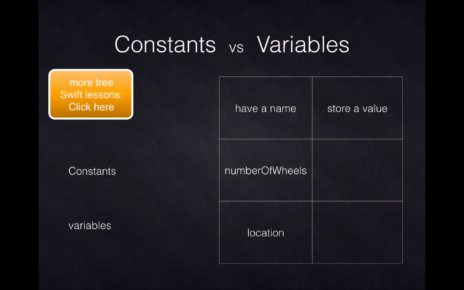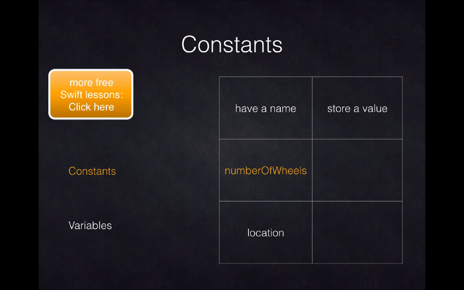Now let's have a look at constants. When you assign a value to a constant, you will never be able to change it again. The value is locked. On the other hand, for variables, you can change the value any time.